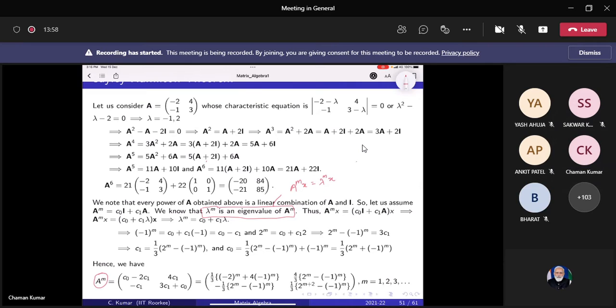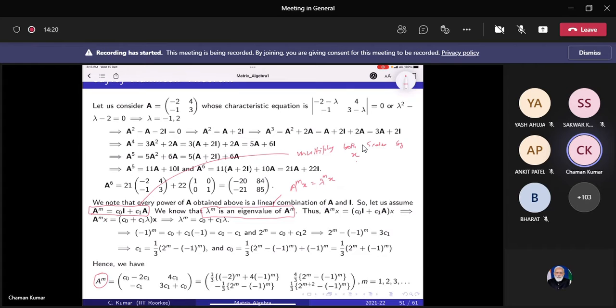Fine. So in this relationship that we have assumed, we multiply both sides by the vector x.